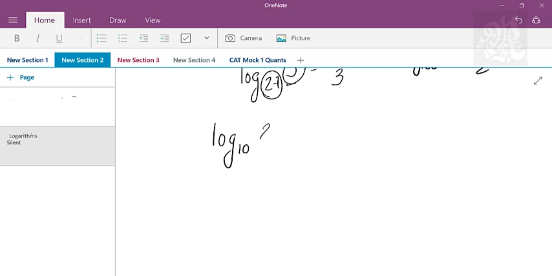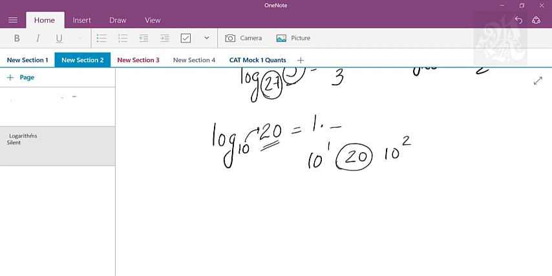Let's understand how this is useful. Let's say I have log of 20 to the base 10. I have no idea how I can reach 20 with the power of 10, but I know for sure that 10 raised to 1 is 10 and 10 raised to 2 is 100. Since 20 lies between these two, the answer will be 1 point something.